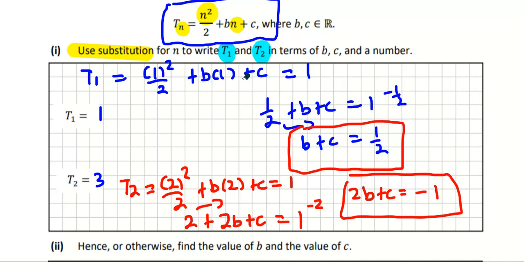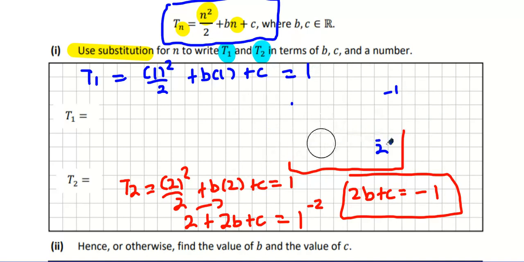Sorry guys, I just have to realize I sort of jumped the gun here a little bit. I'm actually sort of doing part 2 already, when I should be actually just doing part 1. So I'm just going to take it back a step. Just have to reread the question. It wants me to write T1 and T2 in terms of B and C and a number. So what I really should have done, I just got ahead of myself there, just trying to do it all in one go.